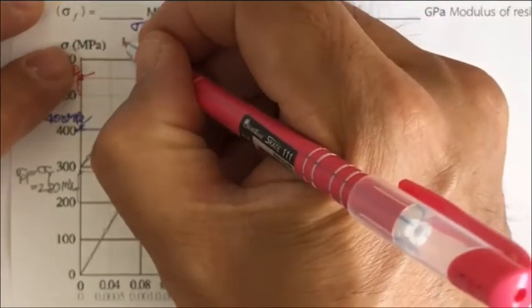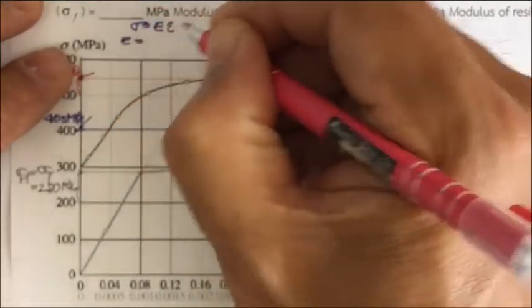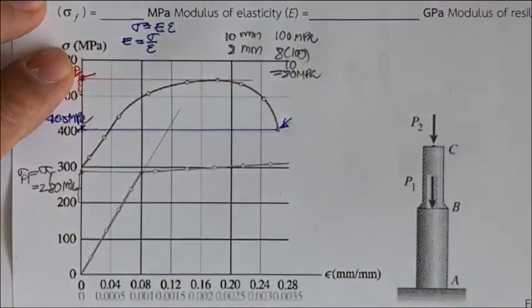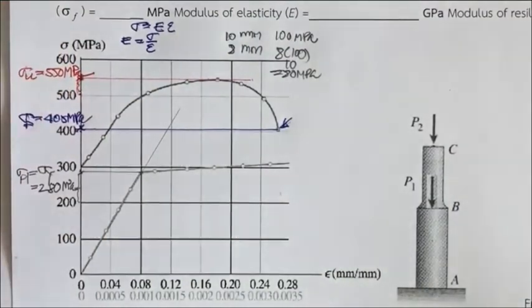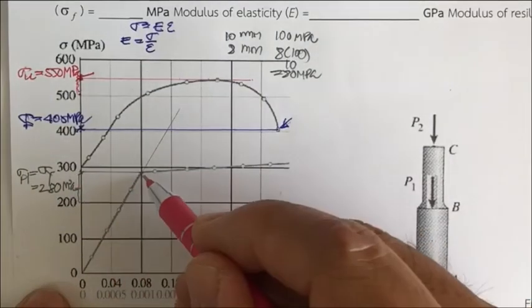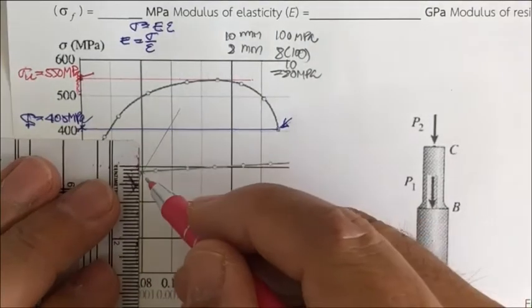So E is going to be equal to sigma divided by strain. Okay, and then you use this sigma proportional limit as the last point, and then you project down here.